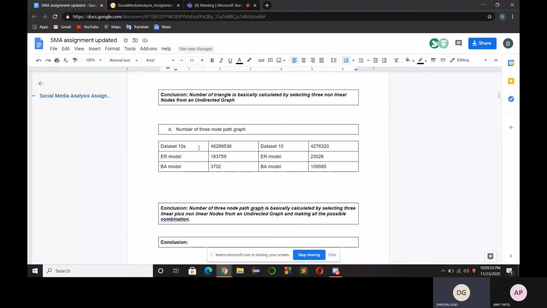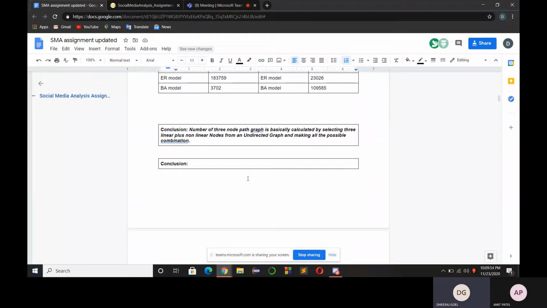In the data set which I'm discussing, there is a pretty high number of three node paths, as you can see: 46299536 in total. For the ER model and BA model, they are comparatively less. For the ER model it is 183759 paths, and for the BA model it is the least, that is 3702.